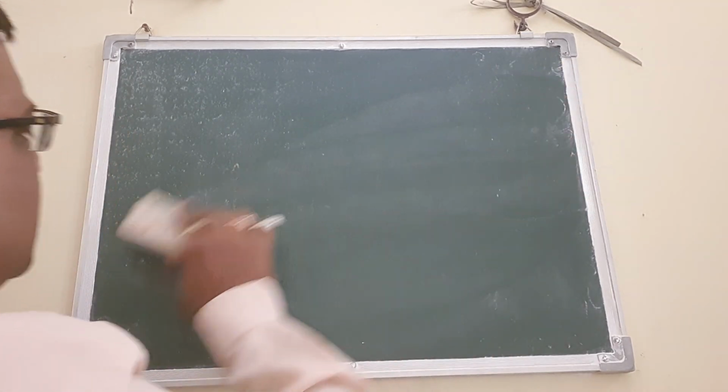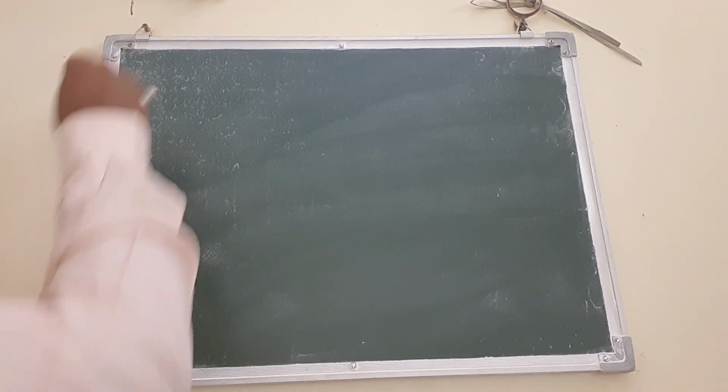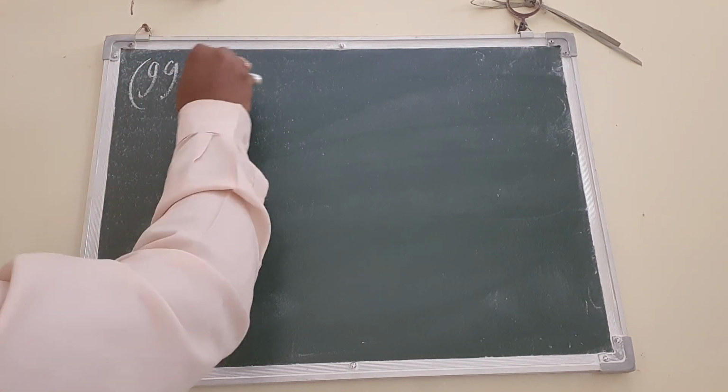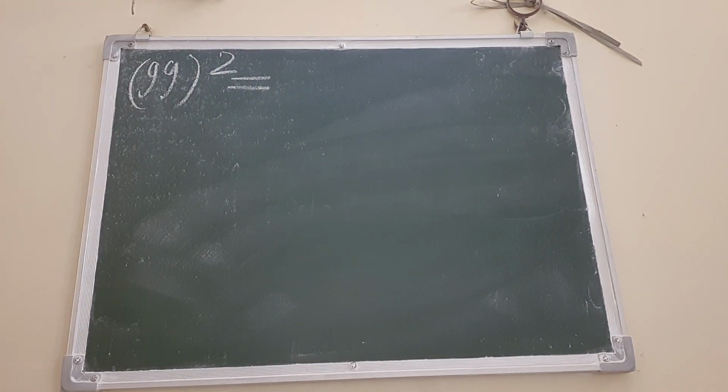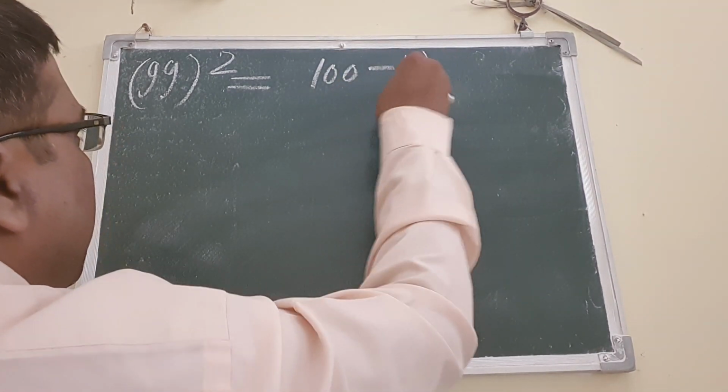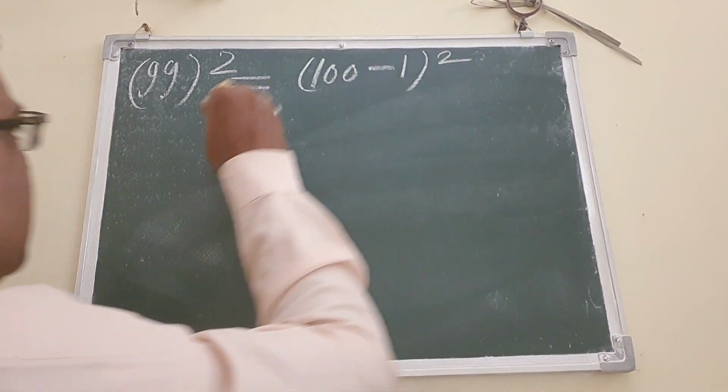So the next question is 99 square. We have to find the value of 99 square without actually multiplying it, using the identities. So we can write 99 as 100 minus 1 whole square.